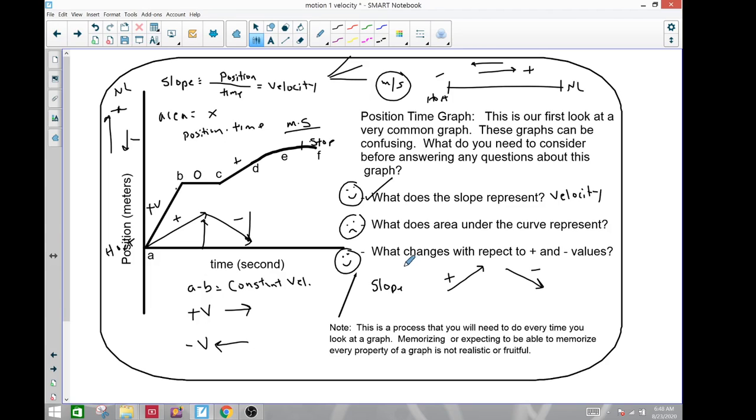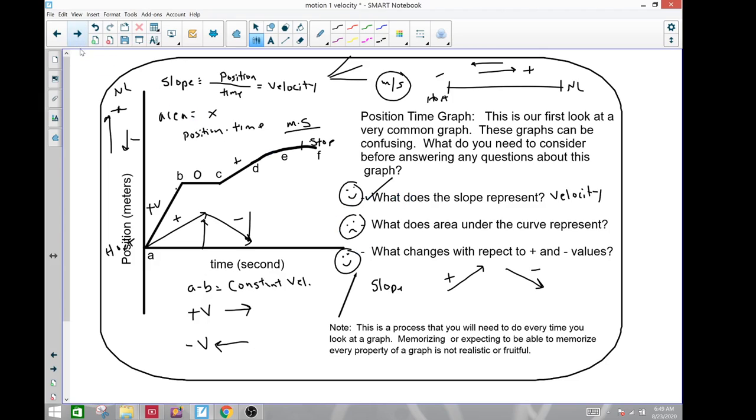Note this process that you will need to do every time you look at a graph. Memorizing every property of a graph is not realistic or fruitful. If you jump to a graph and expect it to go right away, you're going to be disappointed. Take a moment, analyze the graph, and think about what all the things mean.